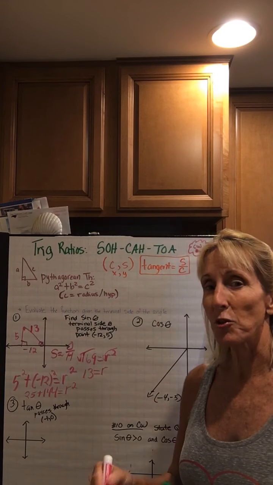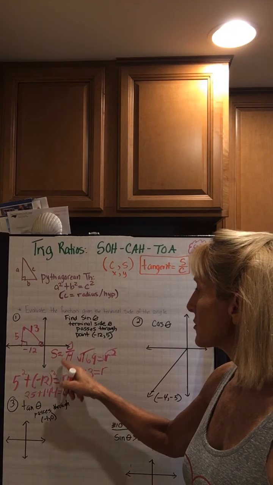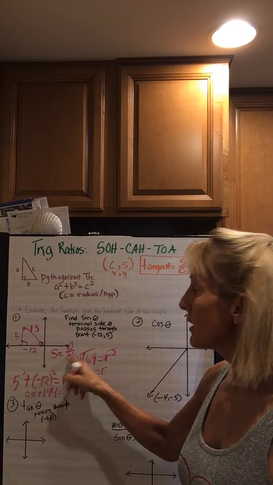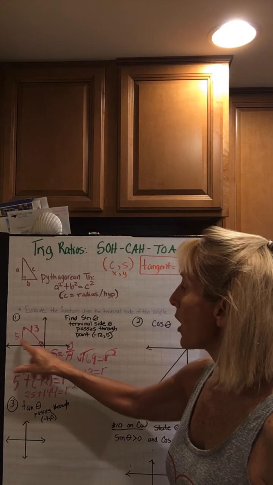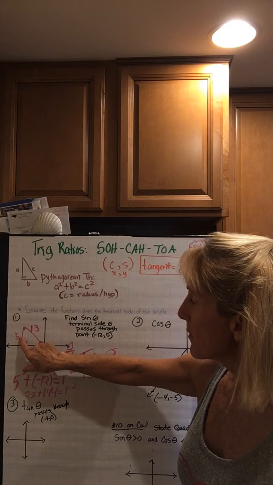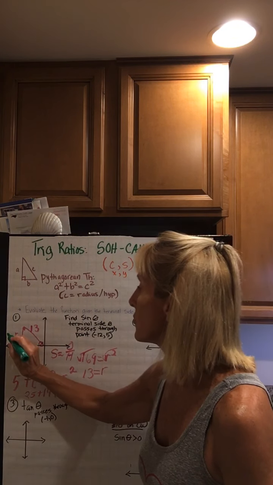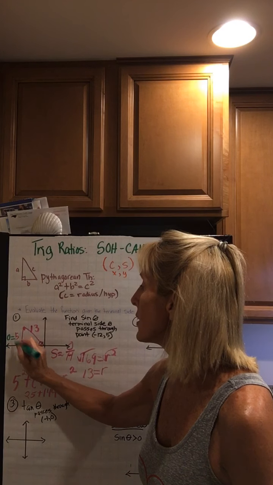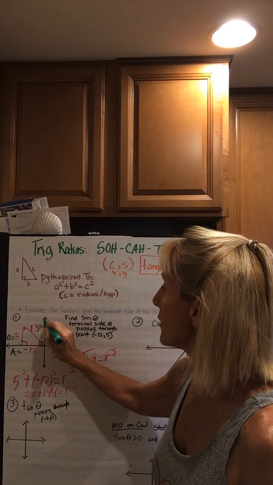Isn't that nice? It's a perfect square root. So now I can find the sine of my theta. Sine is opposite, so opposite my theta is 5. My hypotenuse is 13. Let me mark this for you: this is your opposite, this is your adjacent, and this is your hypotenuse.